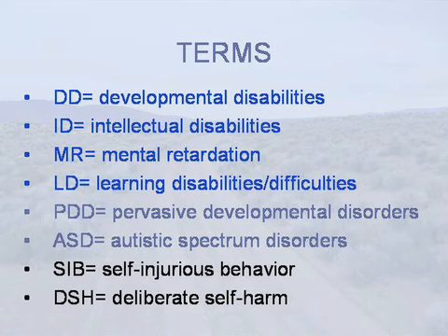And finally, SIB, or self-injurious behavior, and DSH, which is deliberate self-harm, which is usually more likely to be found in the European literature than it is in the United States, because DSH is not a PubMed MeSH term the way SIB is.